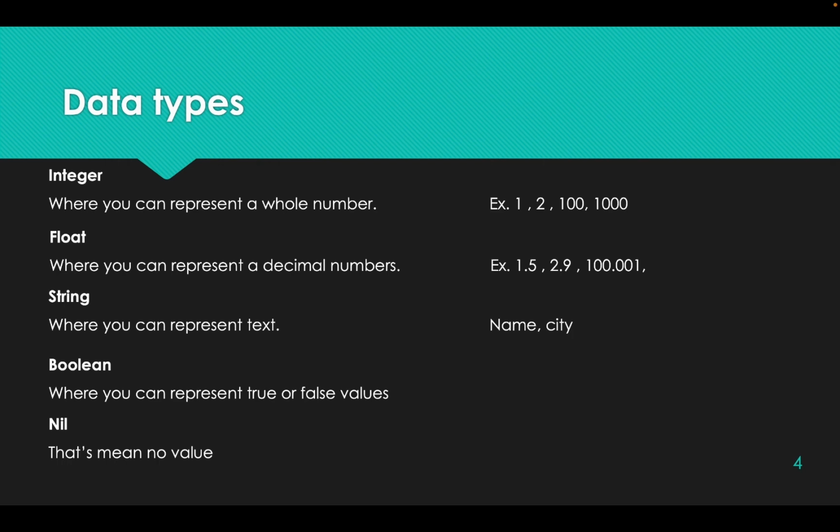Third, we have string, like name and city. Fourth, we have boolean, where you can represent true or false values. And the last one is called nil. This means it has no value. Now, let's try them in our IDE.